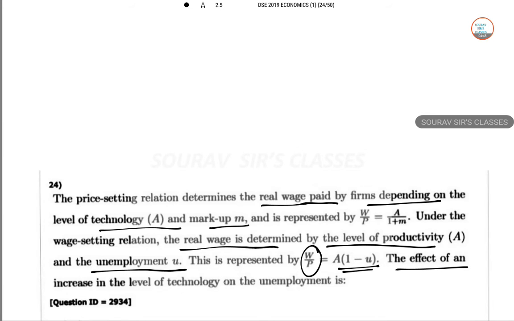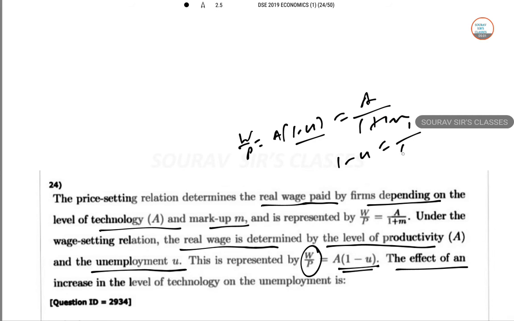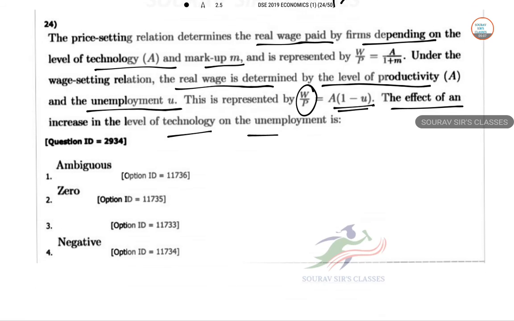So what is the effect of an increase in the level of technology on unemployment? W by P also gives A by (1 plus M), so 1 minus U is associated with 1 plus M. So obviously technology has no effect on unemployment. So the answer is 0.